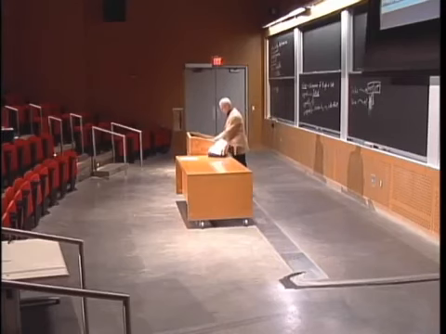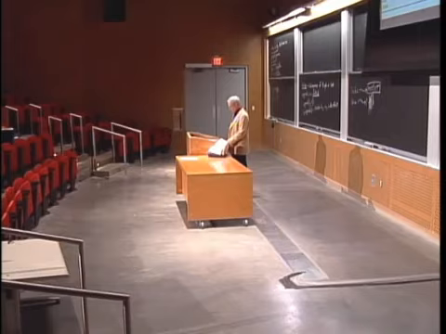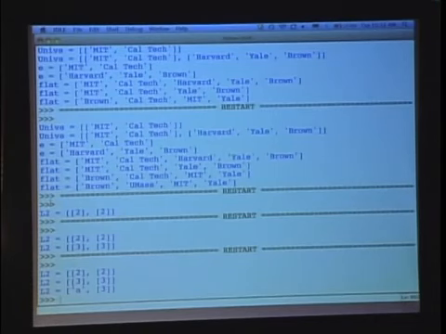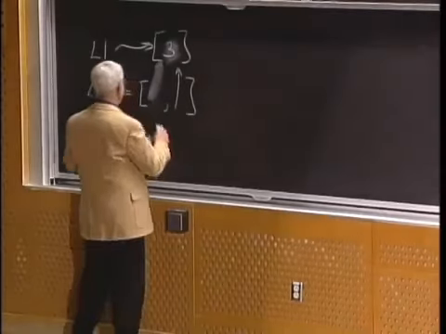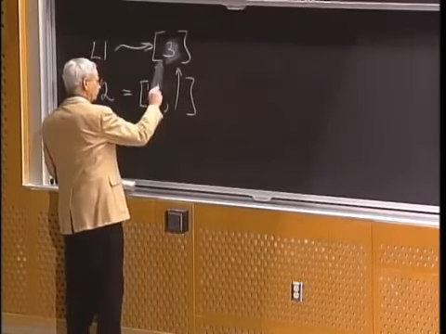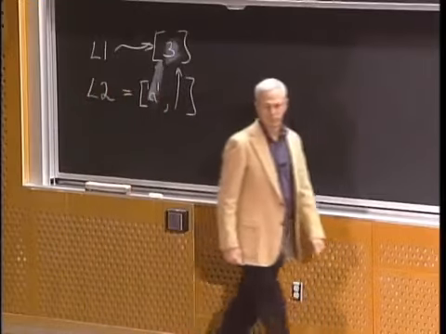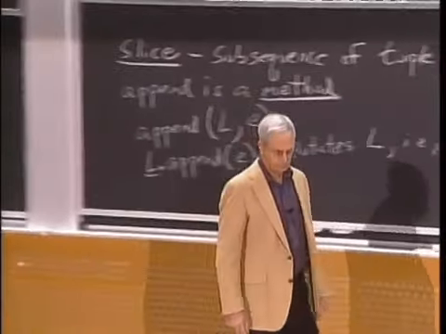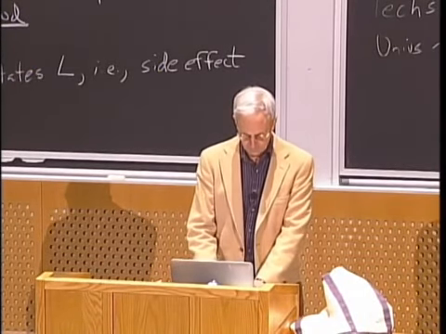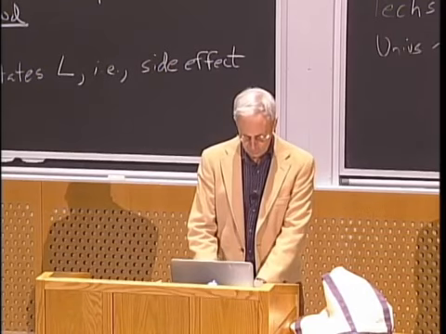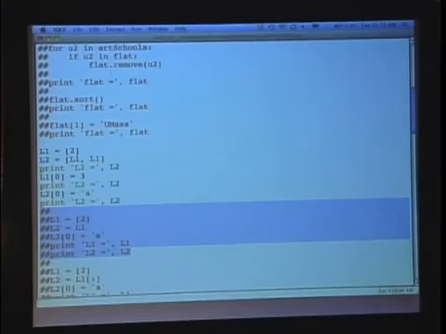Now let's see what this does. So here I've now mutated L2 so that its first element is no longer the list L1, but is now the string A. And we'll just do a bunch of these all at once here.